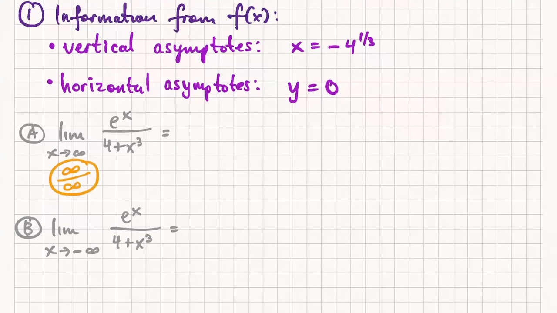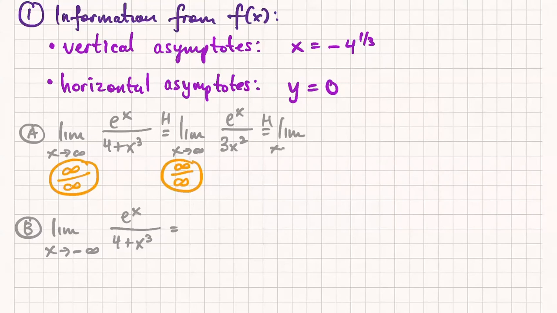Infinity over infinity is always infinity? No, it's L'Hopital. Infinity over infinity tells you L'Hopital, so let's do that. We're actually going to get a whole bunch of L'Hopitals. I get e to the x over 3x squared, so infinity over infinity again. Then e to the x over 6x, infinity over infinity again, L'Hopital.